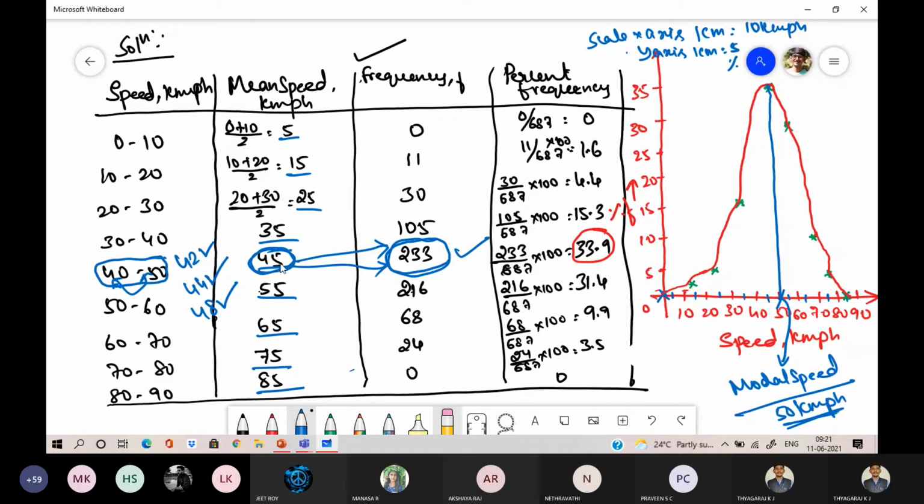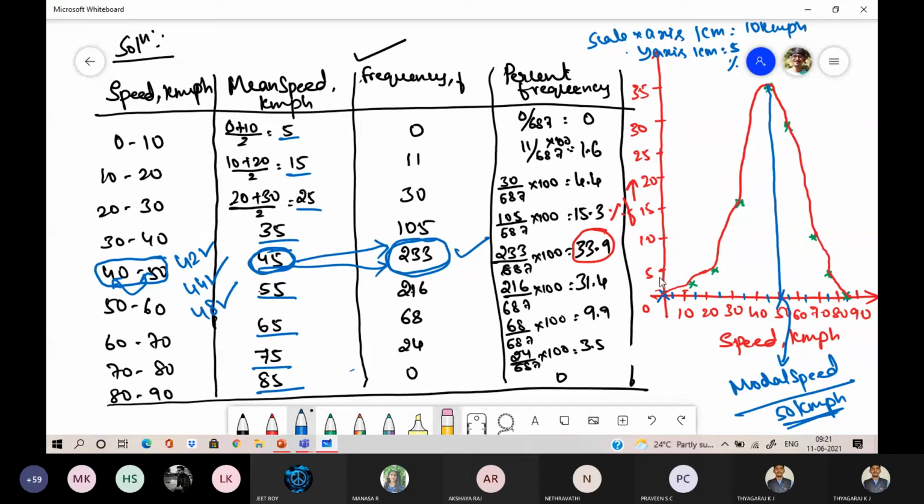Don't worry if some person gets 40, some person gets 45. Because of plotting the graph or the calculation part, some portions will be disturbed. Okay, is it clear, right? How to solve this spot speed study problem? Is it clear? Yes, sir.